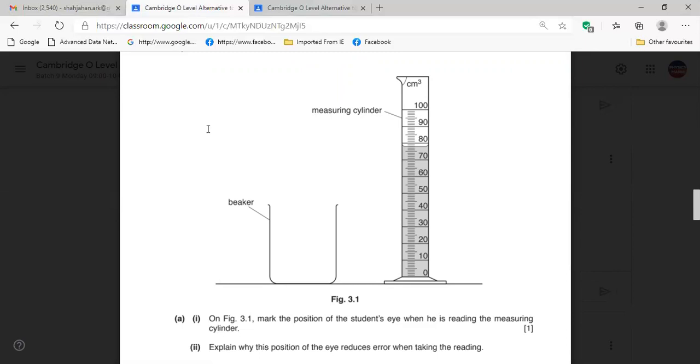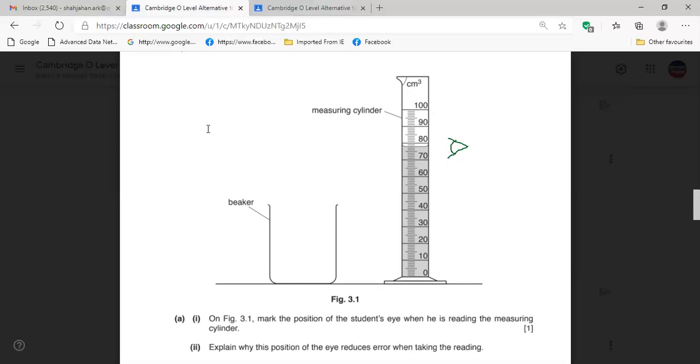So where should be the position of the eye? Yes, you can show where the position of the eye should be.